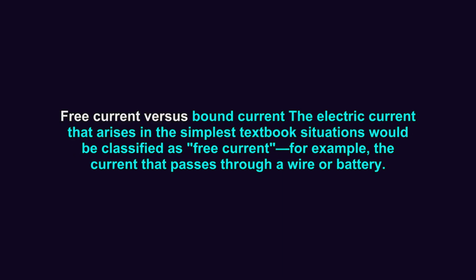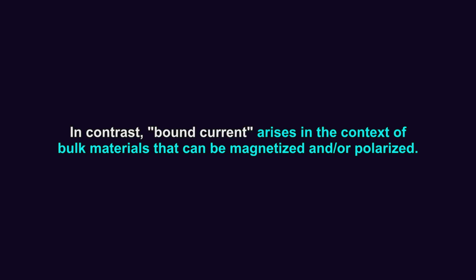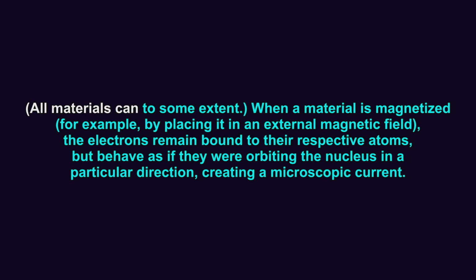Free current versus bound current. The electric current that arises in the simplest textbook situations would be classified as free current, for example, the current that passes through a wire or battery. In contrast, bound current arises in the context of bulk materials that can be magnetized and/or polarized. All materials can to some extent.